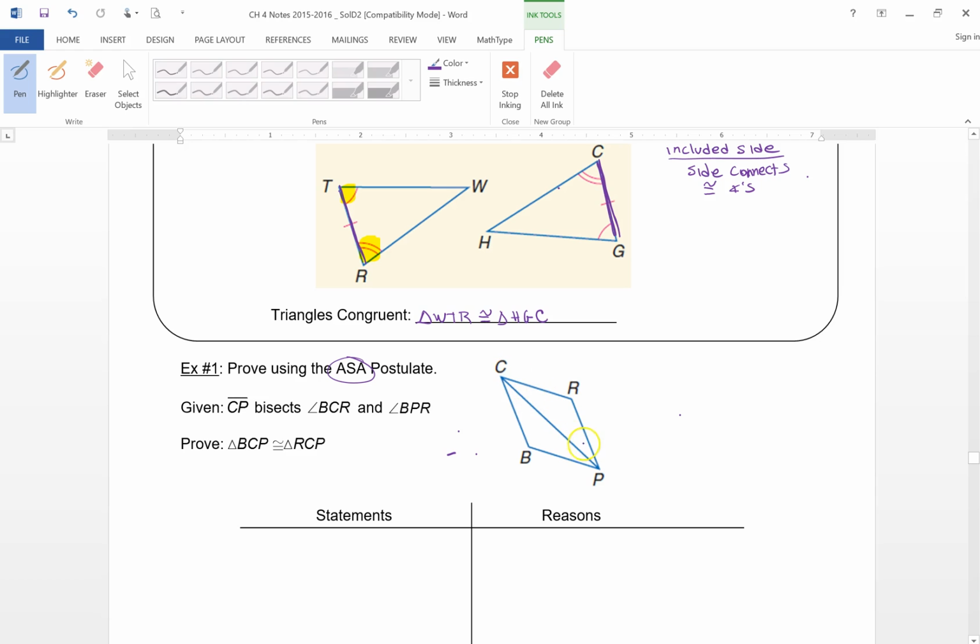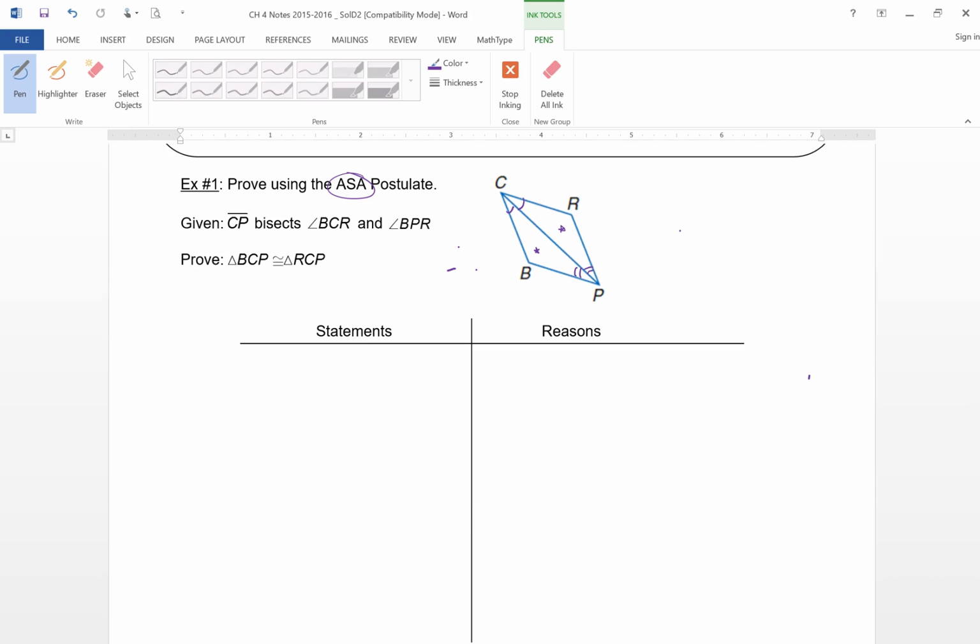So if CP bisects angle BCR, I immediately go and mark down that the two angles here are congruent. And if it also bisects BPR, then these two are congruent. Okay? Now, we need to prove that triangle BCP, which is this one, is congruent to triangle RCP, that one.